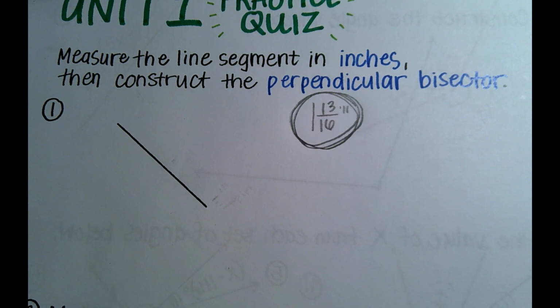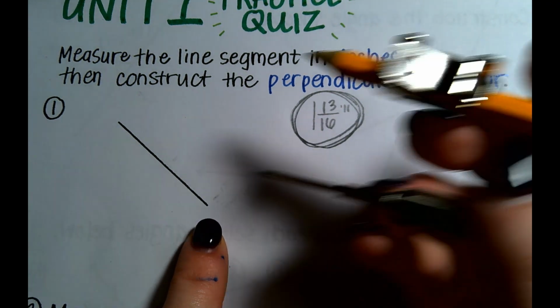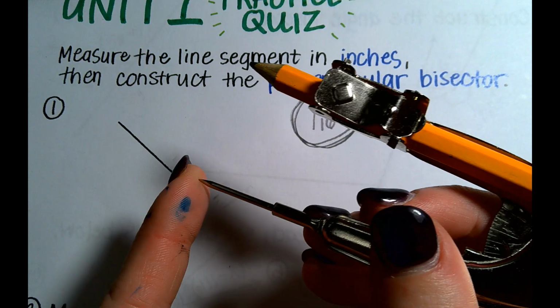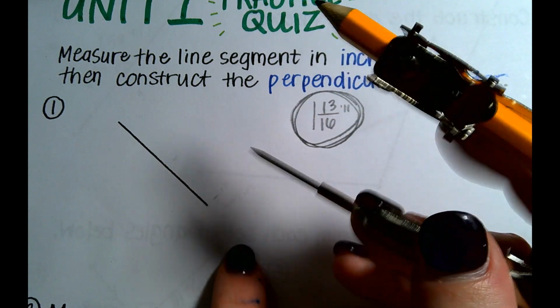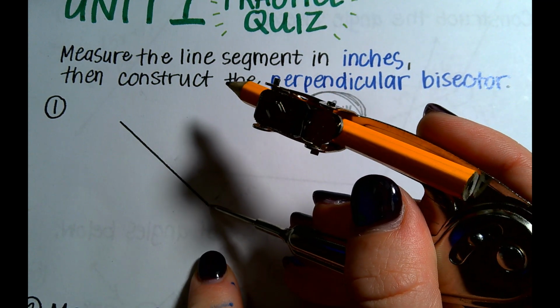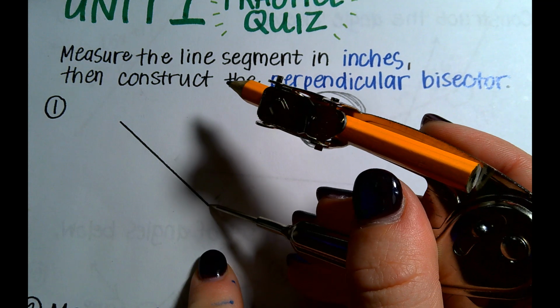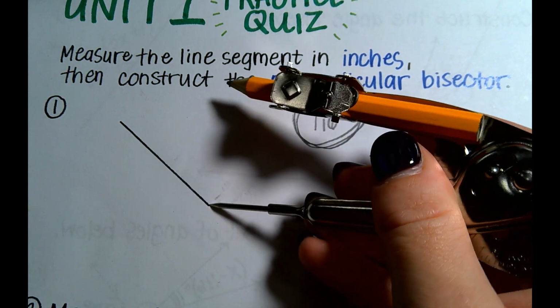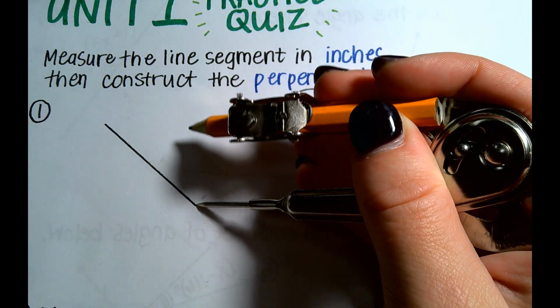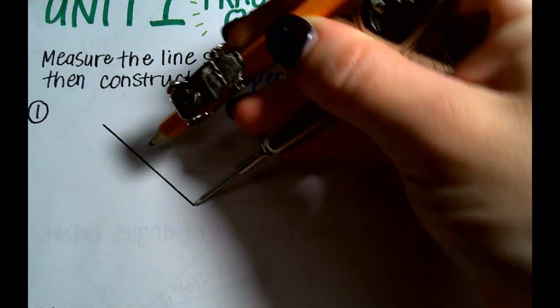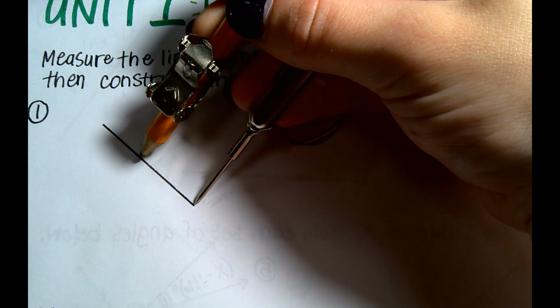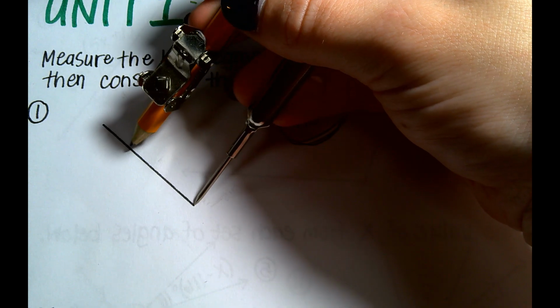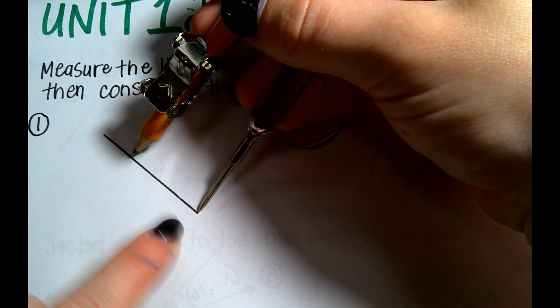Okay, so remember, your starting point when you're making a perpendicular bisector is to put the tip of your compass on one of the ends of your line segment. And how far open should my compass be? Yes, make sure that it's open more than half of this line segment.